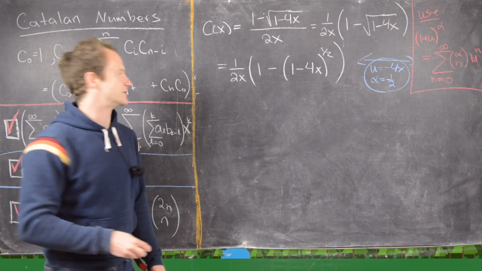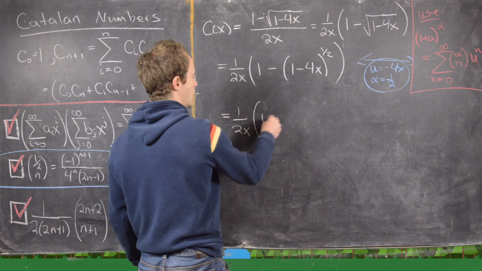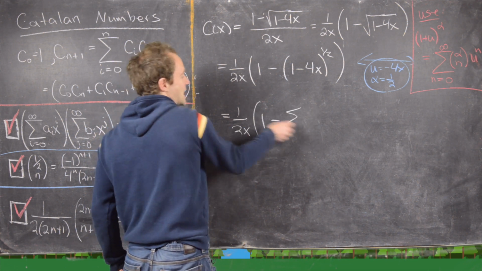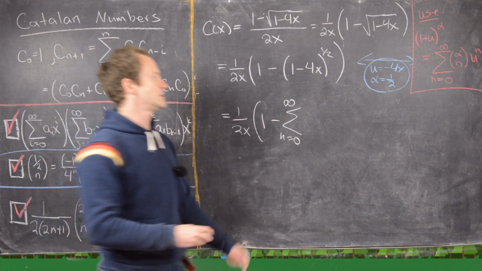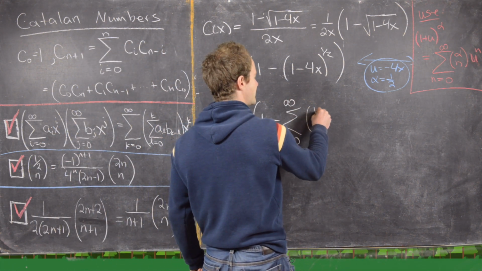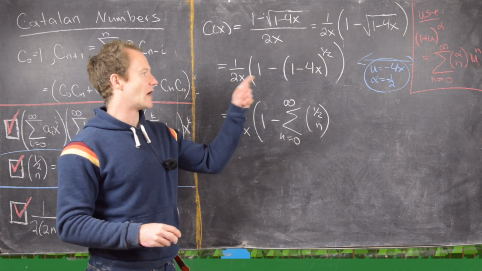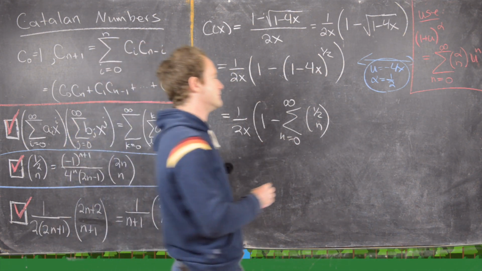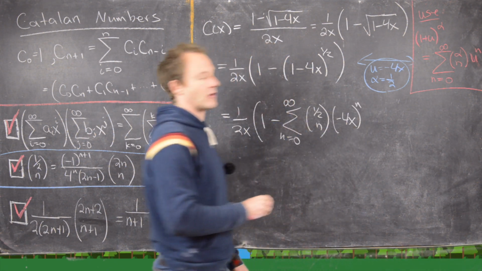So let's see what that gives me. That's going to give me 1 over 2x times 1 minus, now we have the sum n equals 0 to infinity of 1/2 choose n, so that's my alpha choose n, and now u to the n, so that will be minus 4x to the nth power.